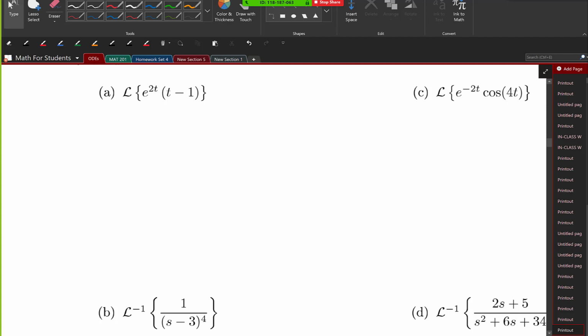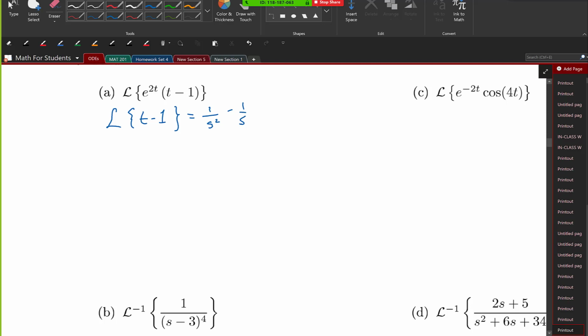So we know how to do the Laplace transform of t minus 1. What is the Laplace transform of t minus 1? All right, well, I'll do it.